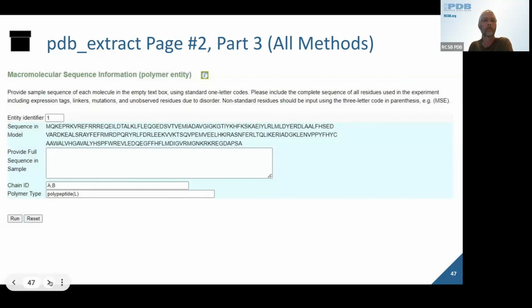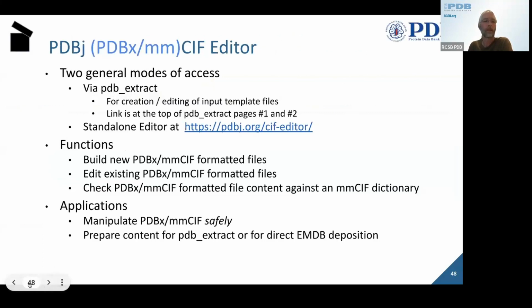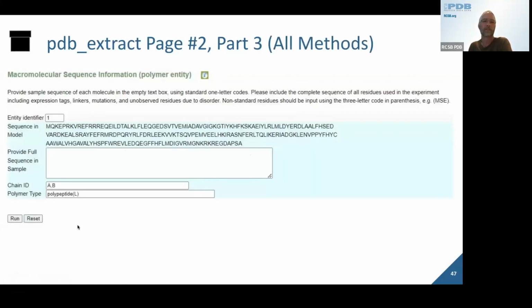So by taking all of these here, I'll go back for a second here. But basically, this is just a way of taking all this information and compiling it into a single file, to build a PDBx mmCIF file that has as much content in it as is possible.